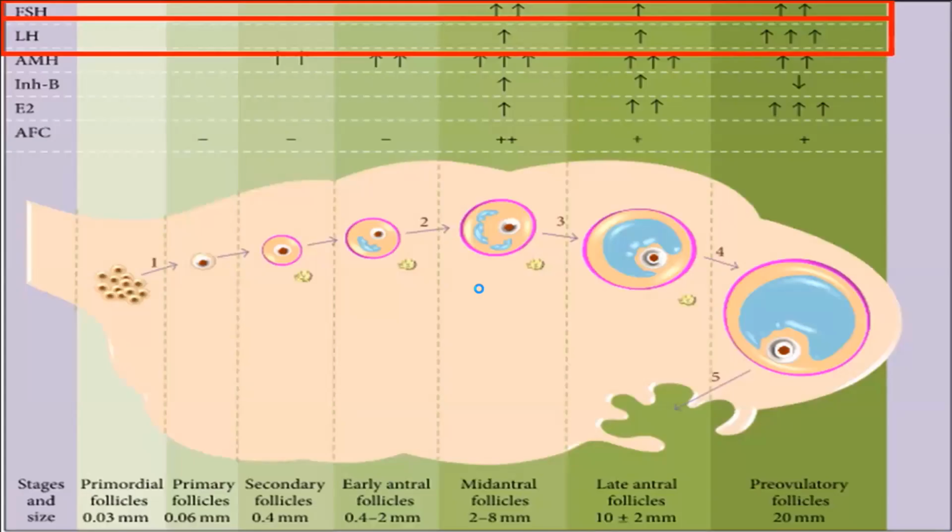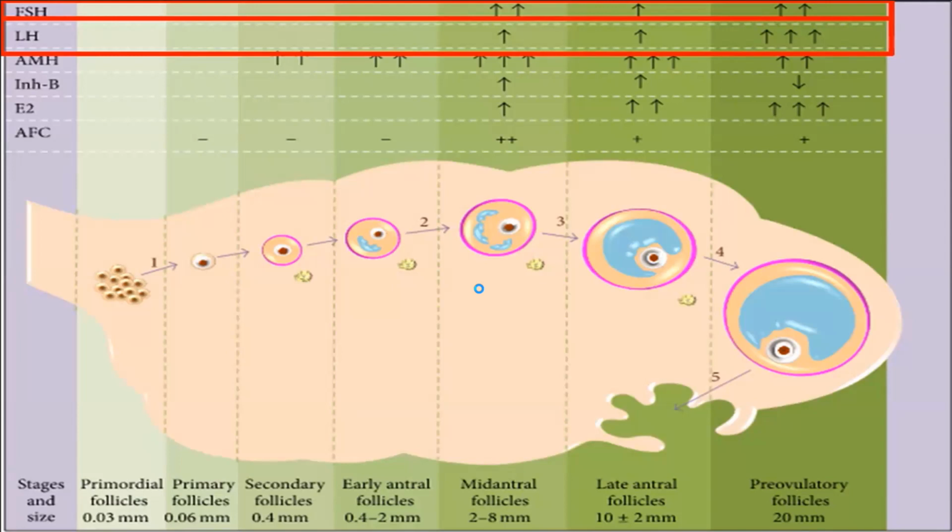This triad is frequently requested during the course of induction of ovulation. Don't forget this triad. Every time your patient comes to you, you should request these 3 hormones because they are very essential for monitoring the success of your induction of ovulation.